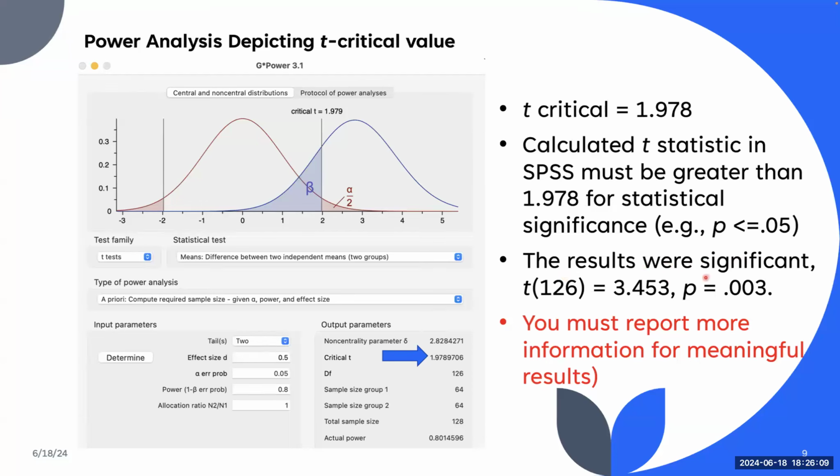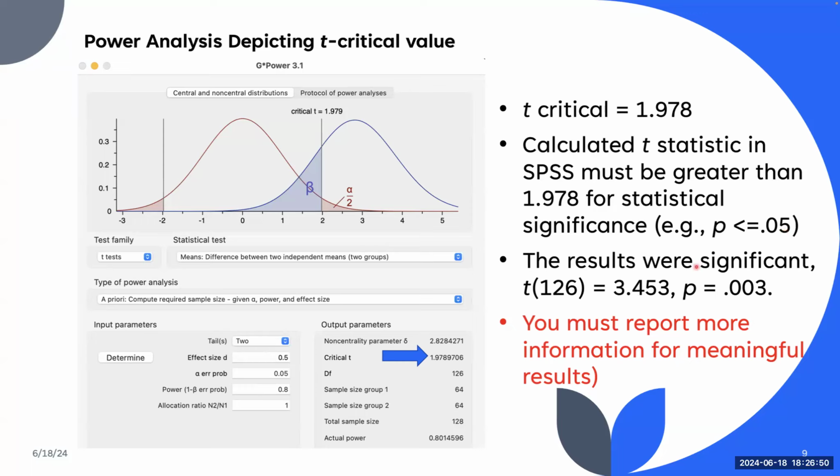But let's just say we ran the test and the t-value, 126, that just lets me know the degrees of freedom. But the t statistic that was calculated was 3.453. That means that what happens? That's a significant result, and that results in a P that equals this, and that's less than 0.05. Remember, you're not going to be calculating any of this, but as you know, when we do these sessions, what I want you to be able to do is look at something and understand and be able to talk about what you are seeing, okay?